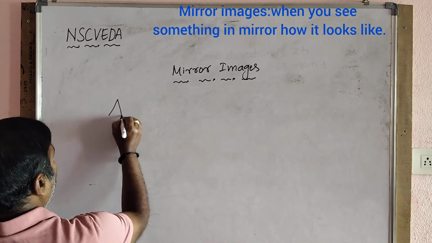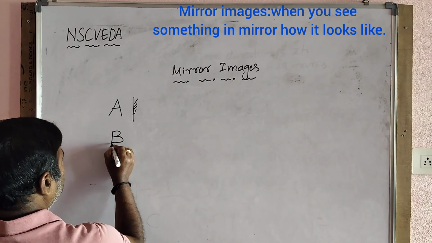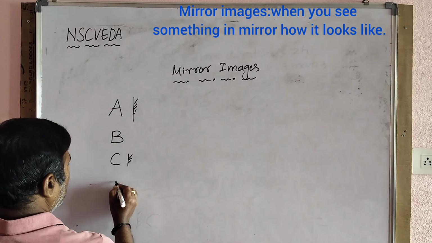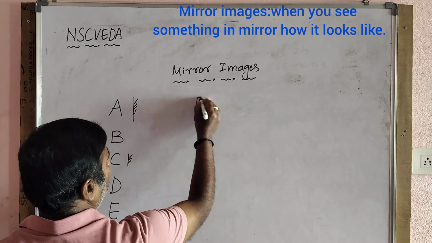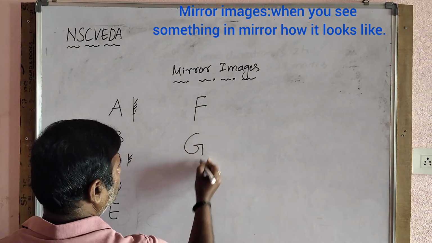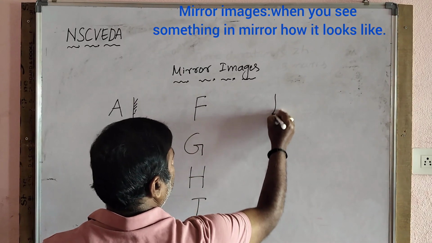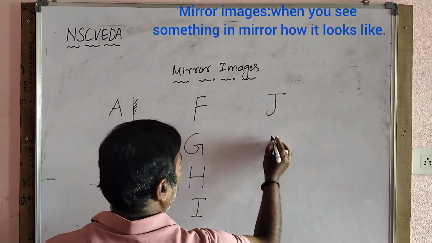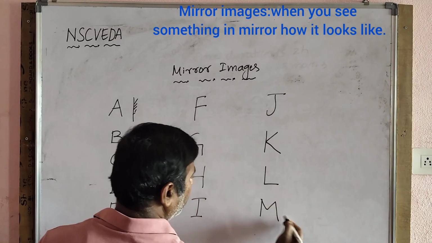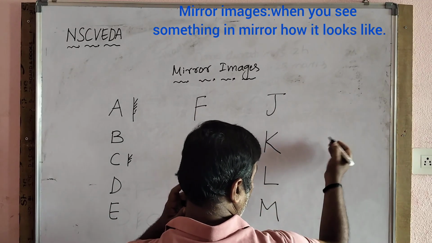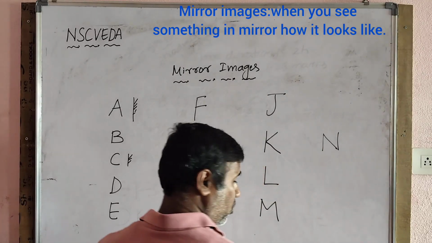So how A will look, how B looks, how C looks, how D will look, how E, how F, how G, H, I, J, K, L, M. N we have already seen, like that. Further things you do as homework.